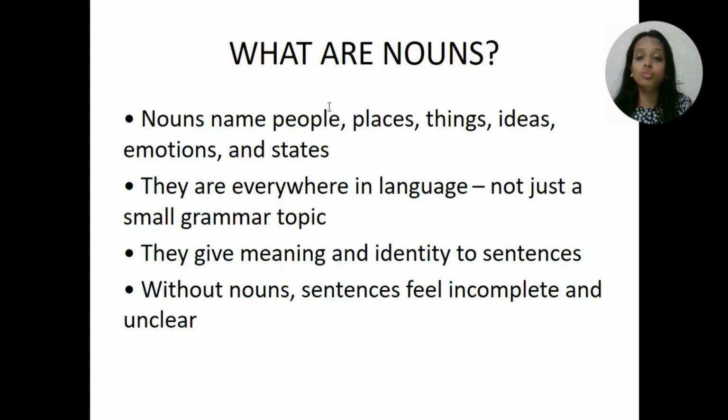Whenever you speak, whenever you write, whenever you read, nouns are constantly present, right? If you want to talk about a person, you need nouns. If you want to mention a city, a country, a profession, a mission, an emotion, a memory, a law, a plan, a situation, and so on, you need nouns. Even for something invisible like wisdom or freedom, there also you're using nouns. So nouns are not just names, they are the words that help us identify what we are talking about.